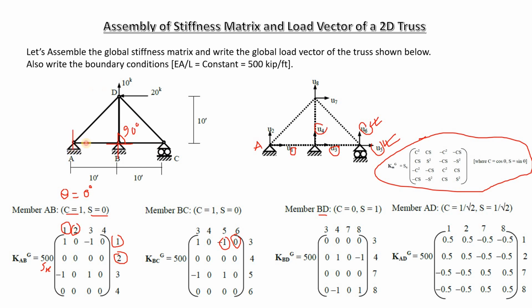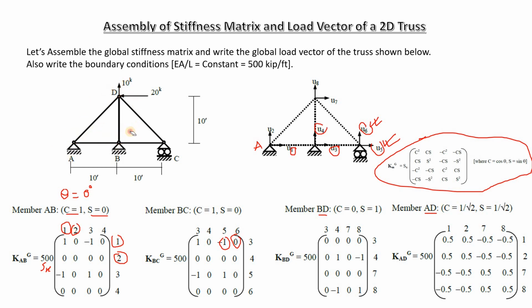Now for member AD, let's take a look. If I put the bearing angle here, I'm going to get 45 degrees, and from the other end I am getting 180 plus 45, which is a huge angle. So we call this member AD instead of member DA. Let me just erase all of this.